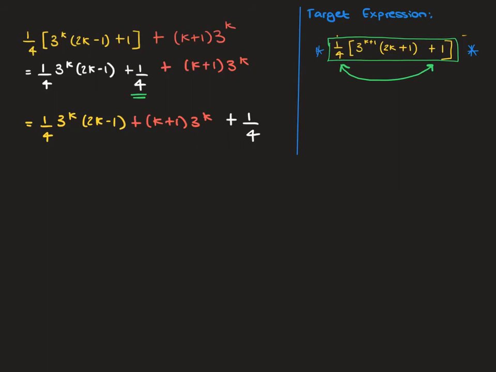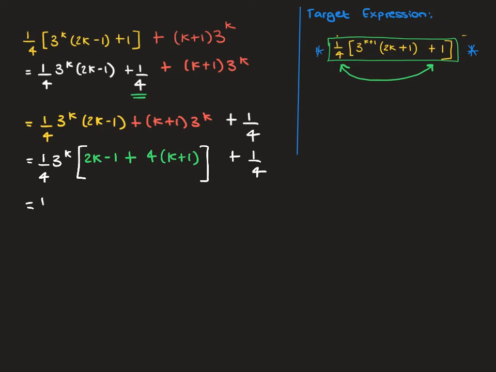So let's look at this. We need to factorise out 3 to the power of k here, and also a factor of a quarter. So let's take out a quarter and then 3 to the power of k. And then what do we have? We have 2k minus 1 plus 4(k plus 1), and then plus a quarter at the end.